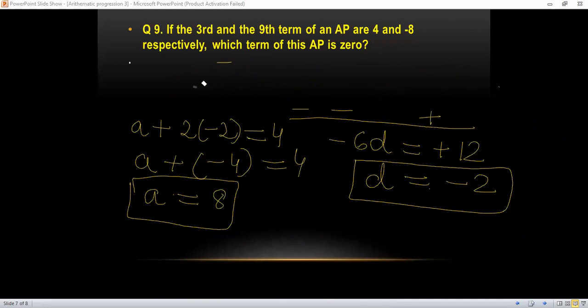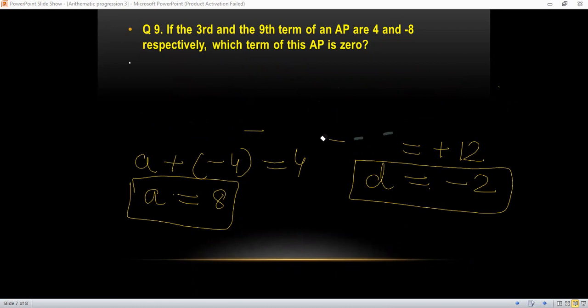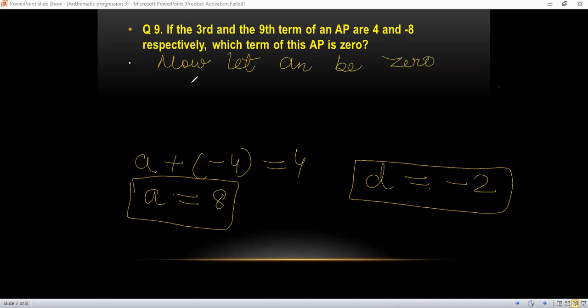So let the nth term be 0. So A plus n minus 1 D is equal to 0.